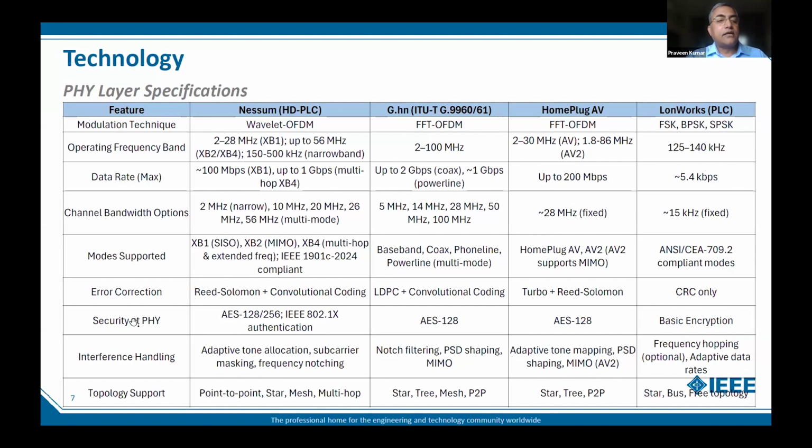Then there is error correction, and security is also included in the standard. Even in a flat environment where multiple flats are nearby, security is important.